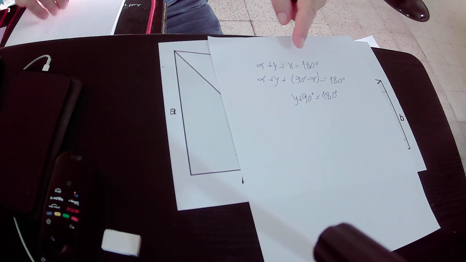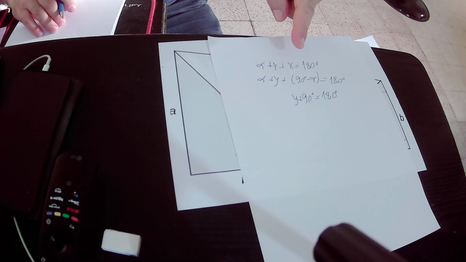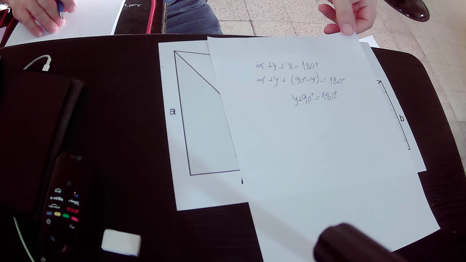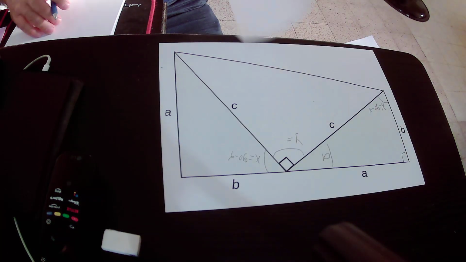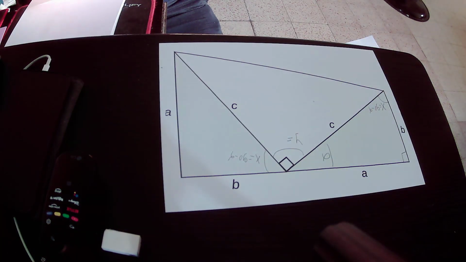After we eliminated alpha, we got that y plus 90 degrees equals 180 degrees. We can subtract 90 degrees from both sides of the equation. We will get that y equals 90 degrees.